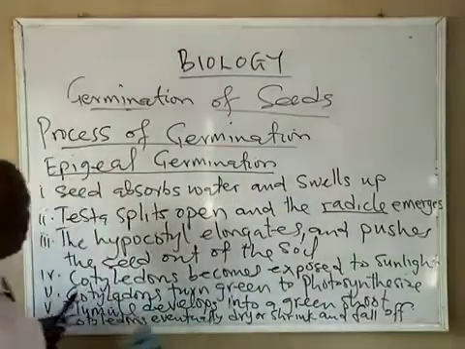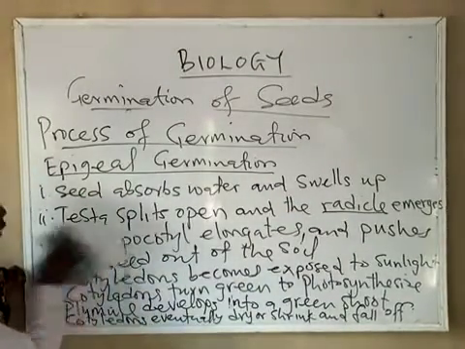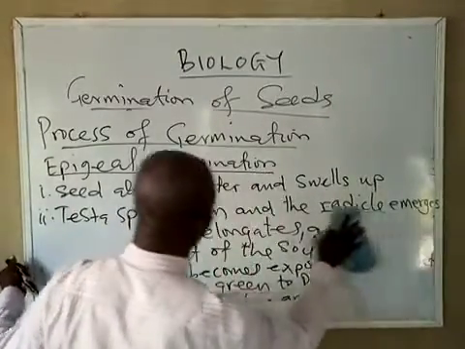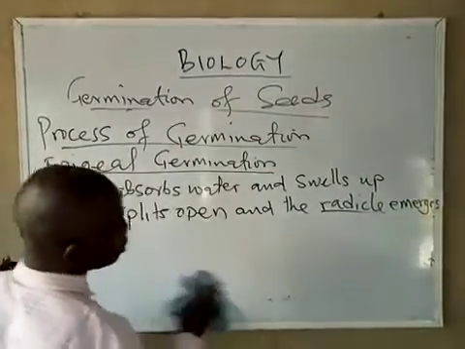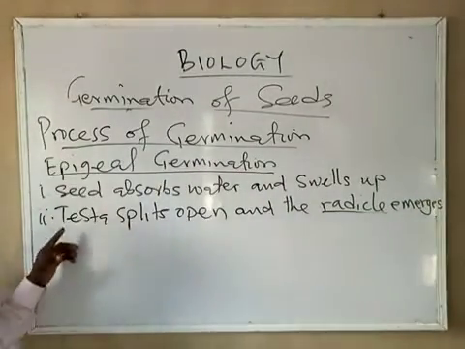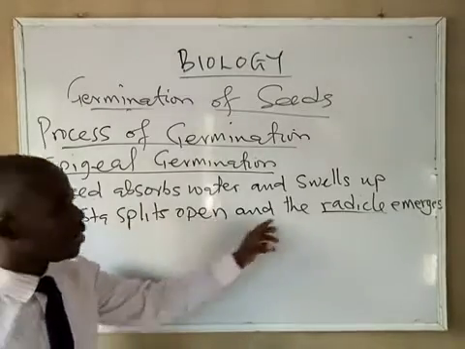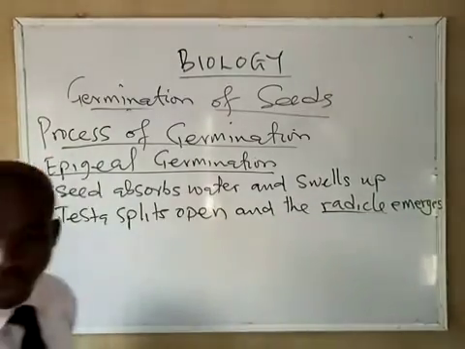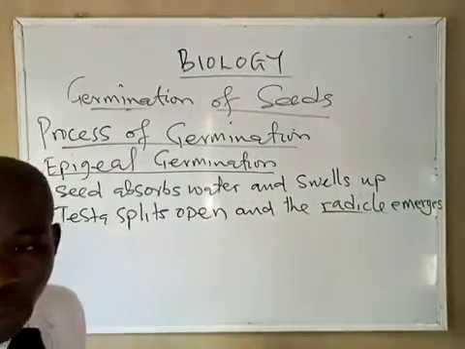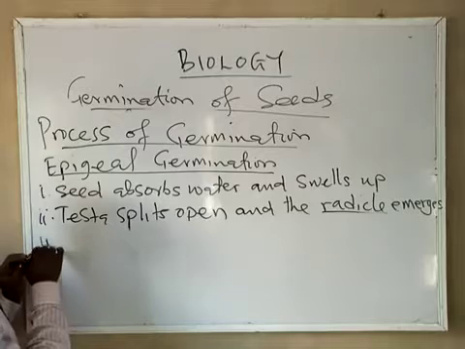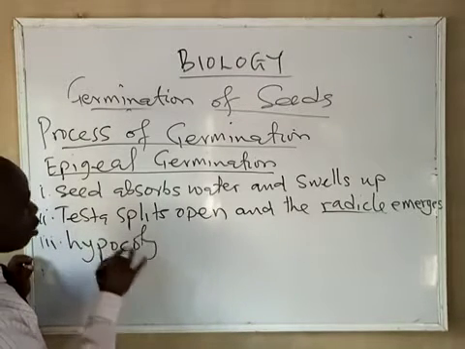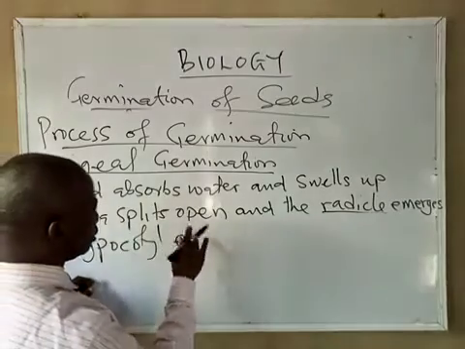germination, the first two processes take place. And the third point is such that after the tester splits open and the radicle emerges, the plumule or the hypocotyl elongates.